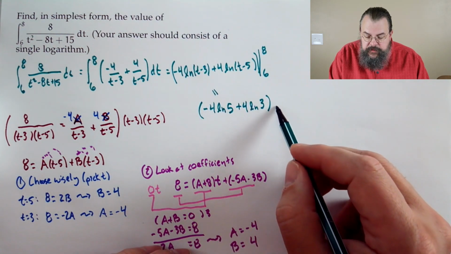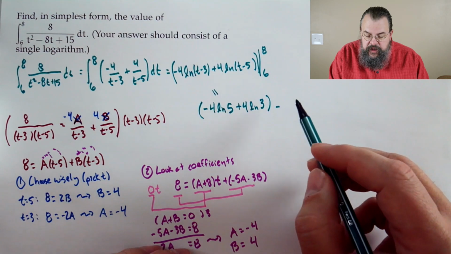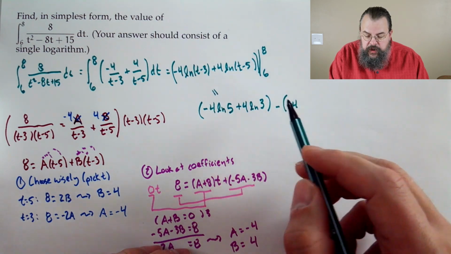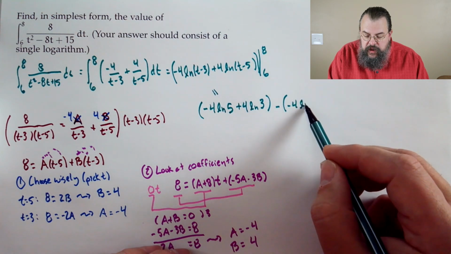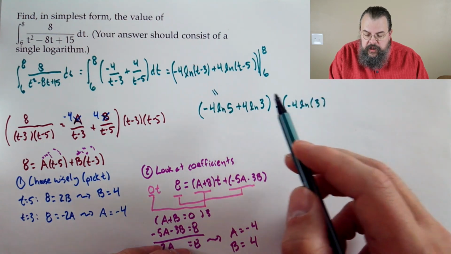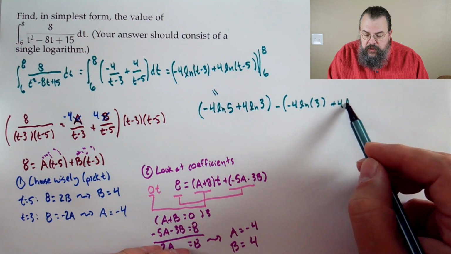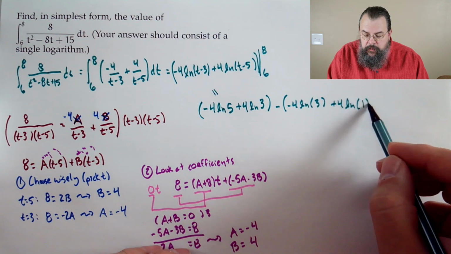And then we're going to subtract, plug in 6: minus 4 log of 6 minus 3, so log of 3, plus 4 log of 6 minus 5, 1.